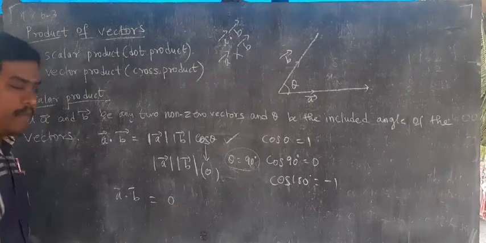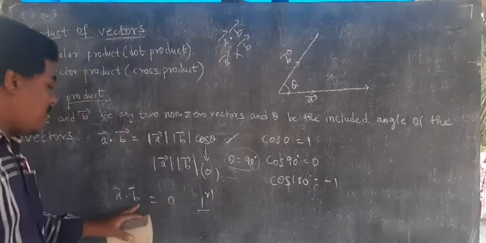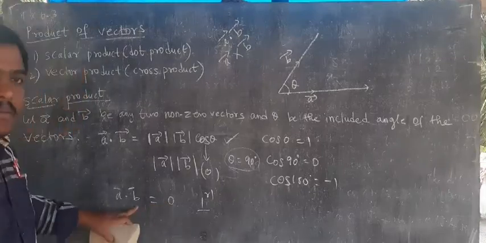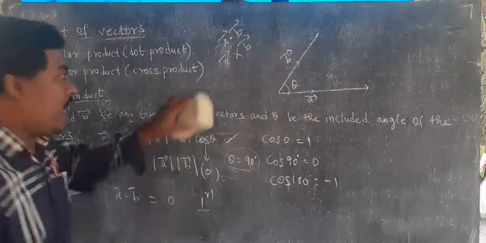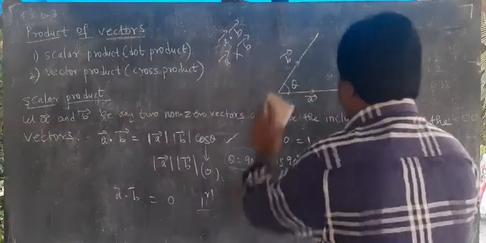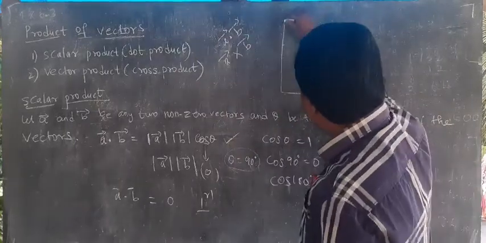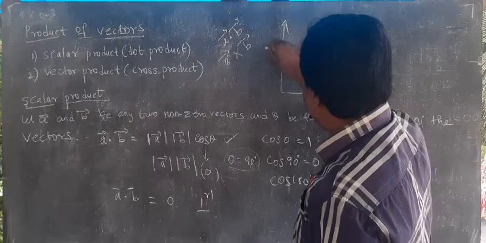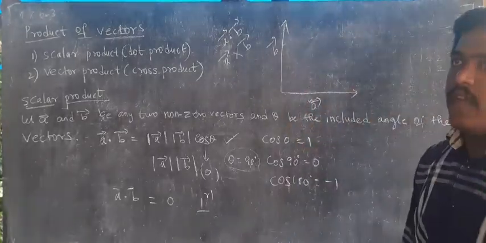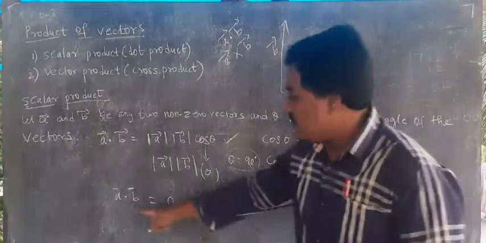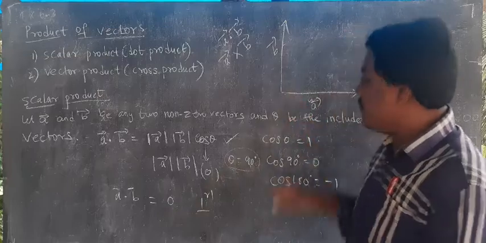This means the vectors are perpendicular: A vector is perpendicular to B vector, and then we get 0. We are using cos theta only, so we get 0.